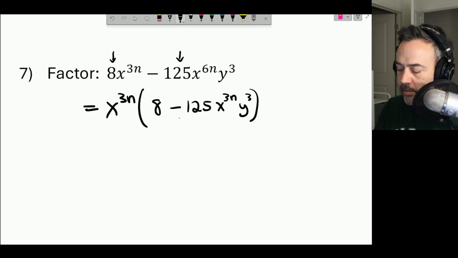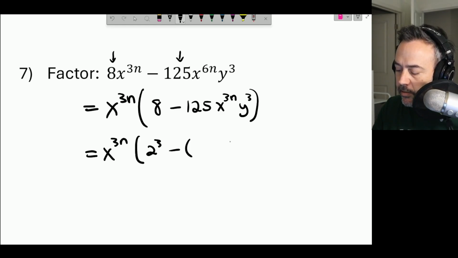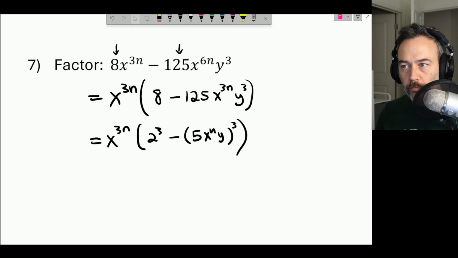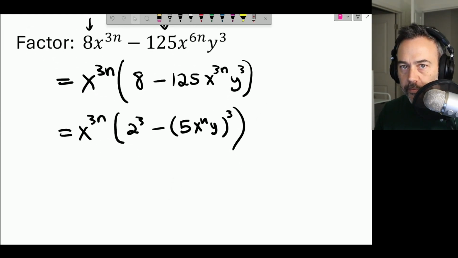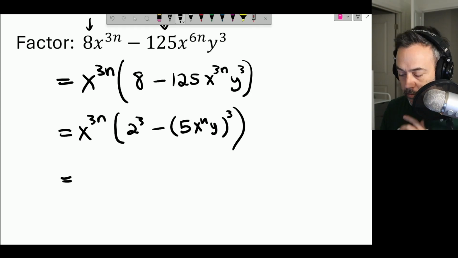All right, now this is a difference of cubes. x to the 3n, 2 cubed, minus 5x to the n y all cubed. Okay, verify that in your mind.